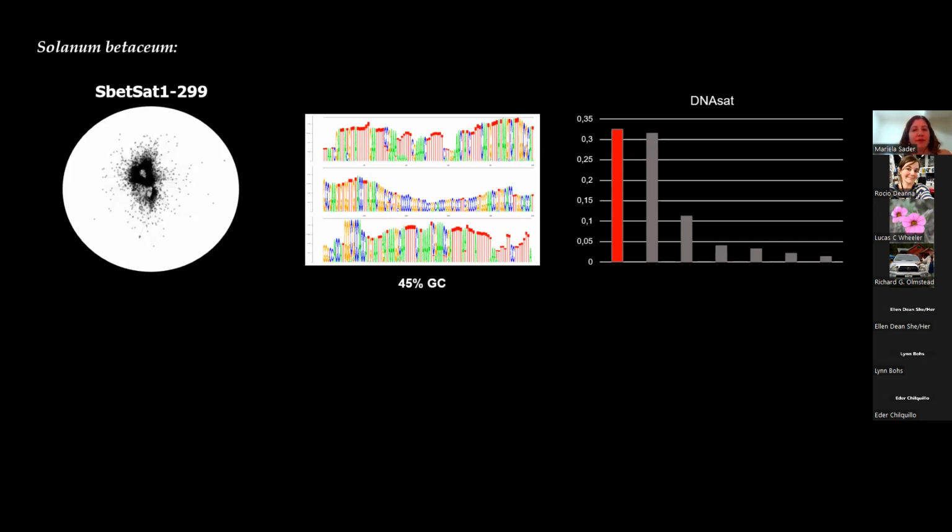We found 7 different satellite families in the genome. The first satellite we called satellite 1 because it's the most abundant satellite in the genome, and it's a medium conserved satellite with 299 base pairs.